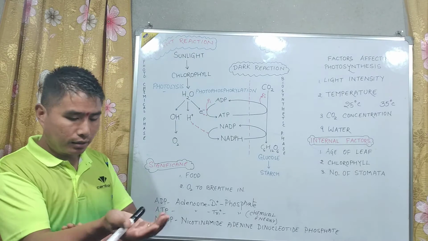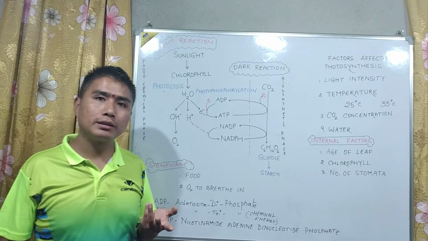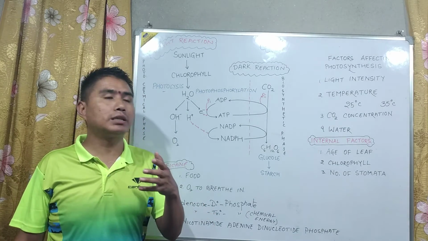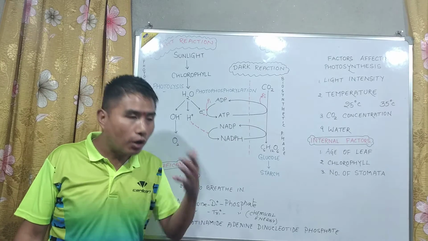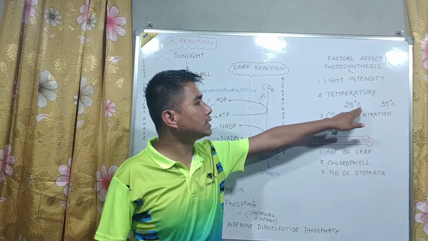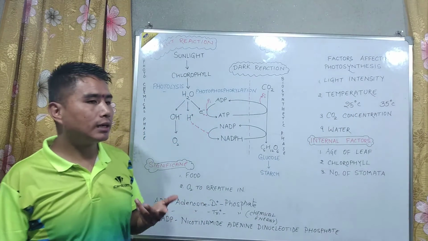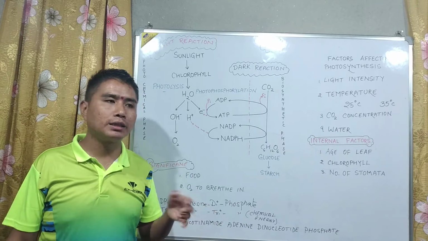And next is temperature. Temperature also matters. If it is cold, then the photosynthesis rate falls. If it is hot, warm, like, suppose I have written here 23 degrees Celsius. In higher classes, in class 11, you'll come to know there are C3 plants and C4 plants.